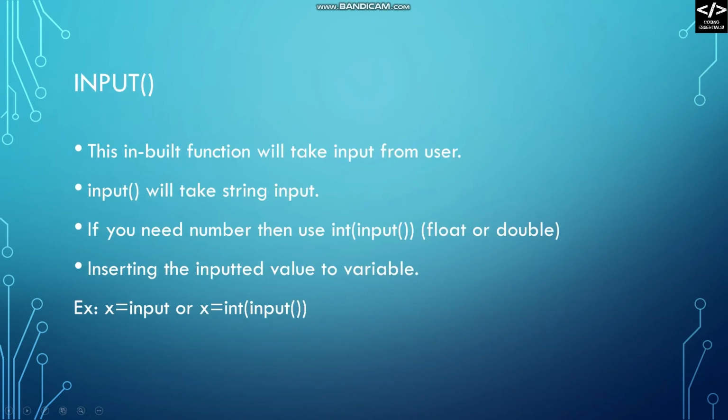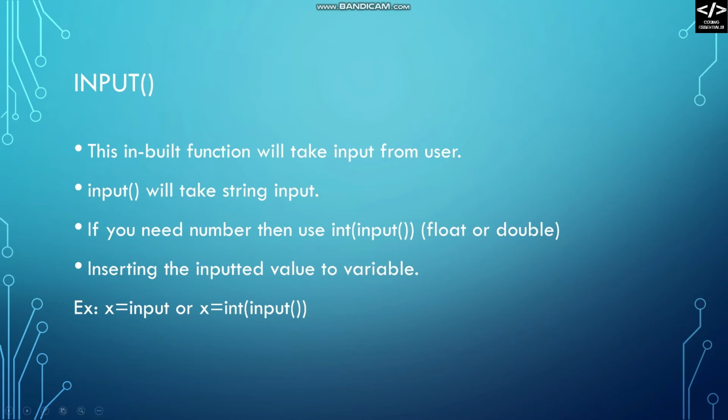Okay, now let's go to input. Input is basically equal to scanf in C, or cin in C++, or the Scanner class in Java, and input in Python. This is an inbuilt function which will take input from the user.